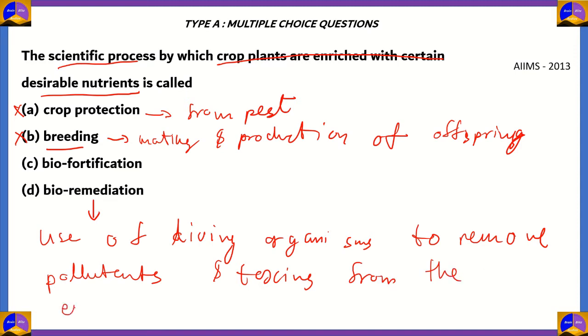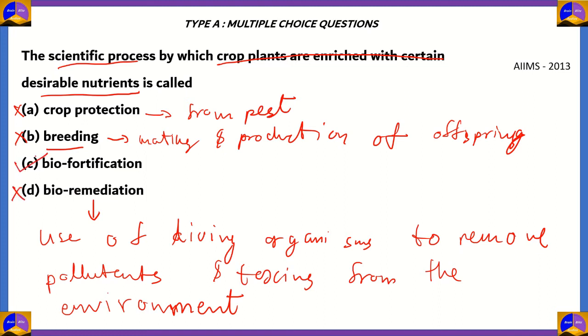So this term is used in a more ecological context. So therefore bioremediation is the use of living organisms to remove pollutants and toxins from the environment. So with respect to the given definition, option D, bioremediation, is incorrect.